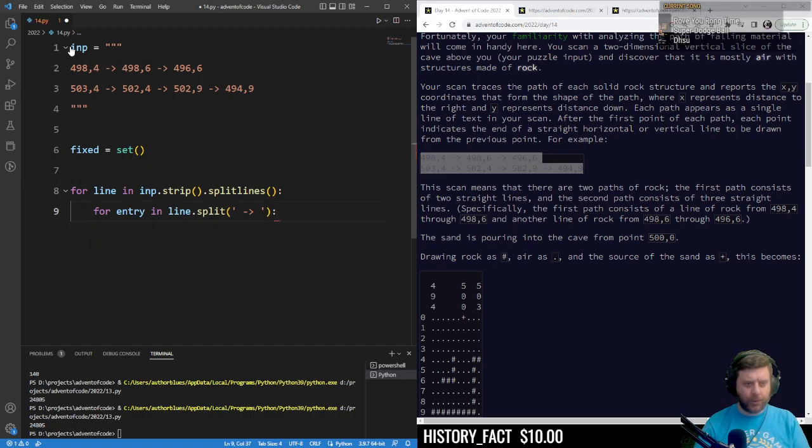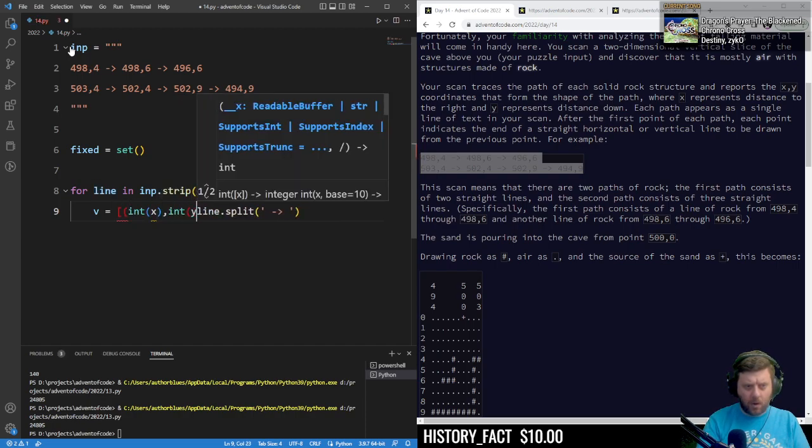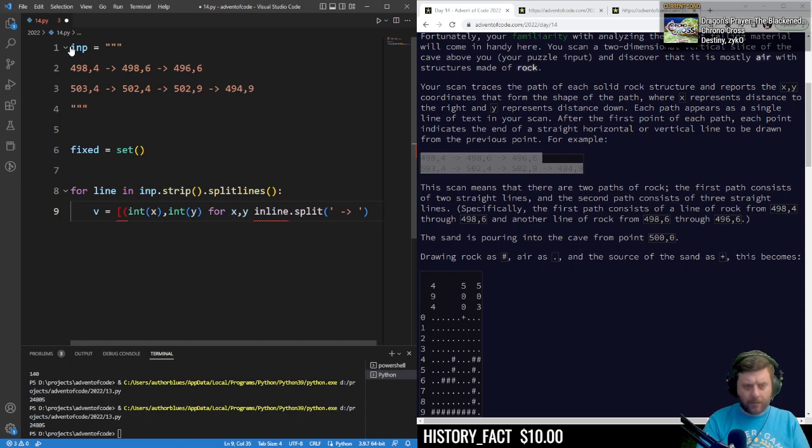I think I want to put them into a list, so I want to say v equals x for x in line dot split.